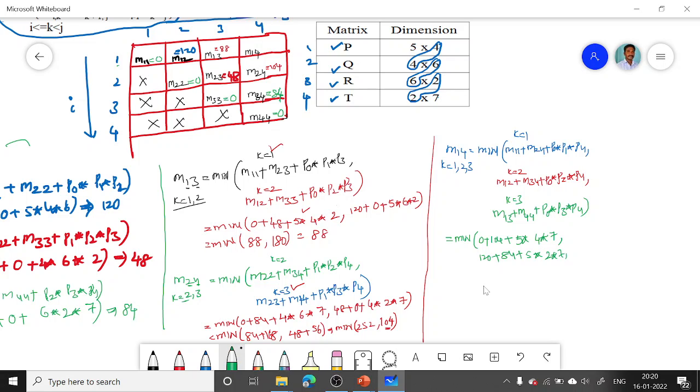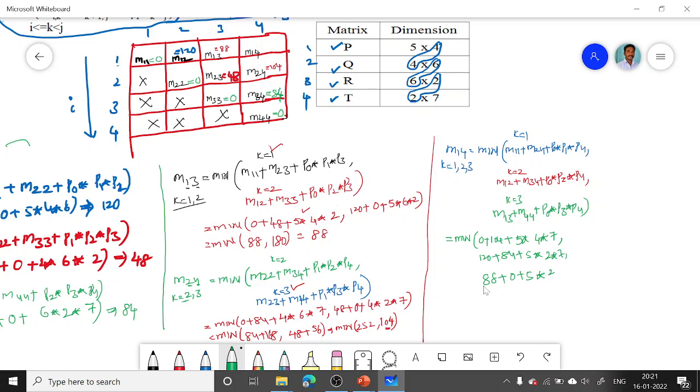So coming to this one, third one, K equal to 3, what is M of 1 3? M of 1 3 from our table 88, plus M44 is 0, plus the first projection does not change, P3 value is 2.